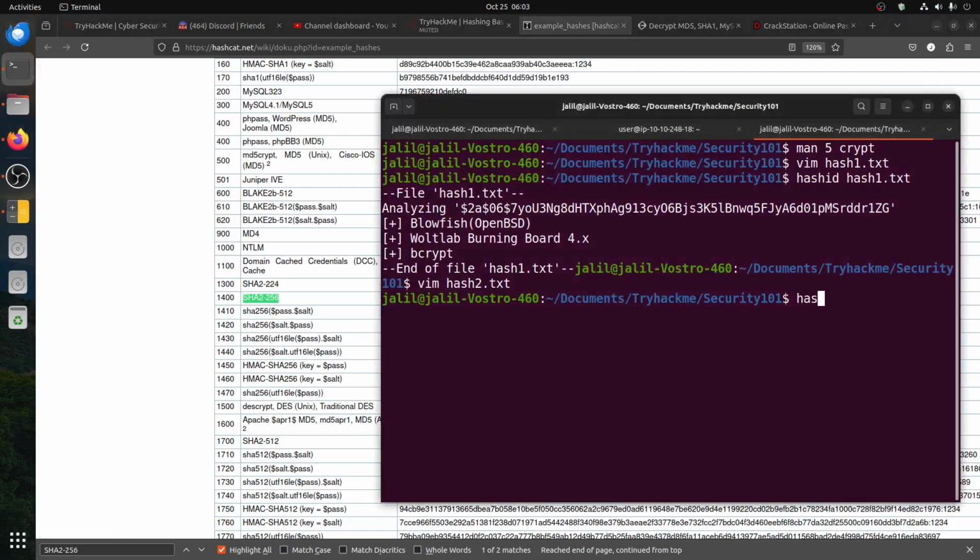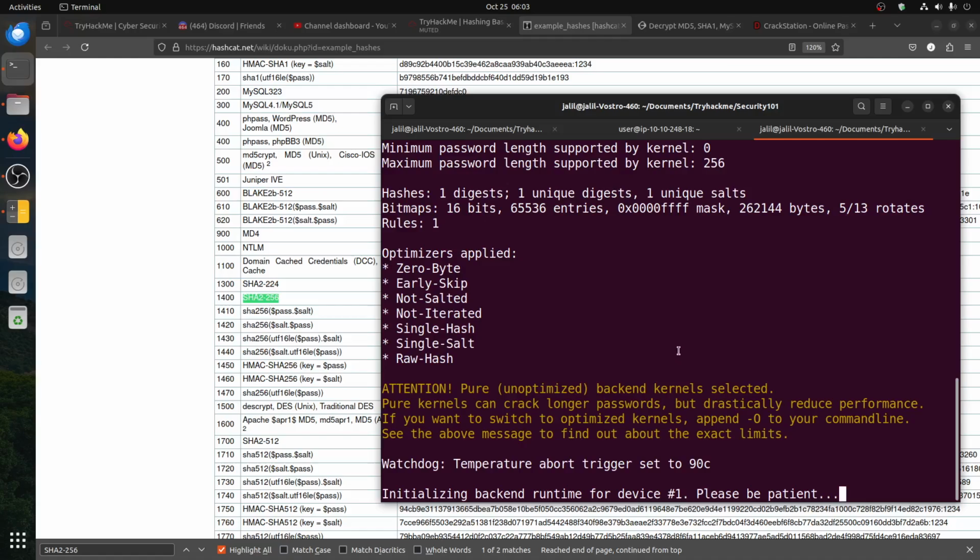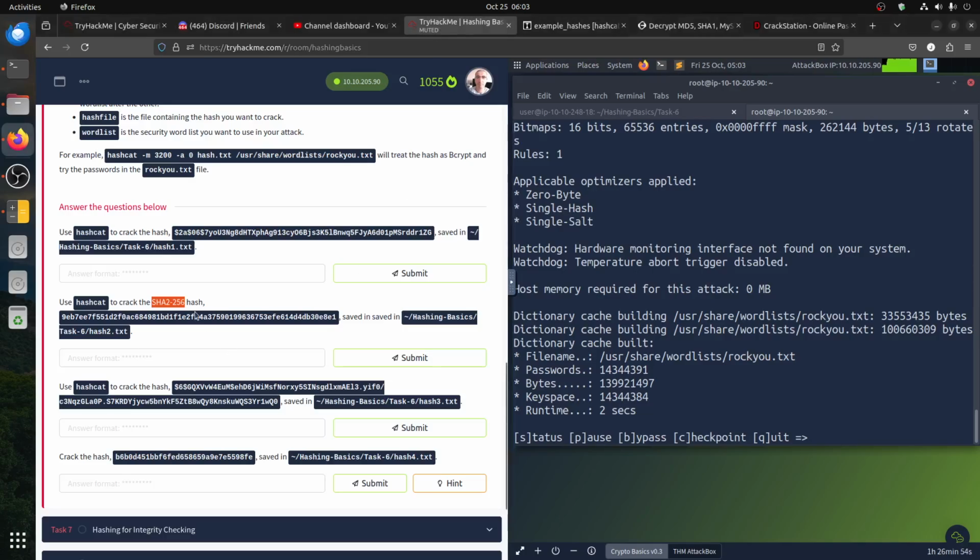So if I go hashcat -m 1400 -a 0 hash2, where I'm saving my rockyou, I think it's in the Hack The Box rockyou. Let's see if we can find it. Let's wait for it. I think it's 1400 for the SHA.